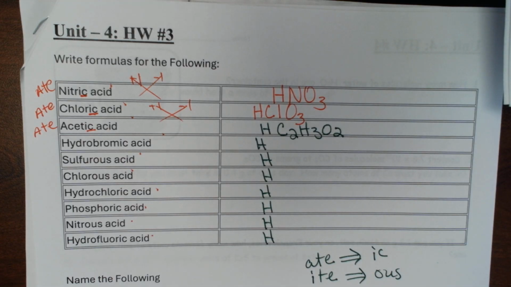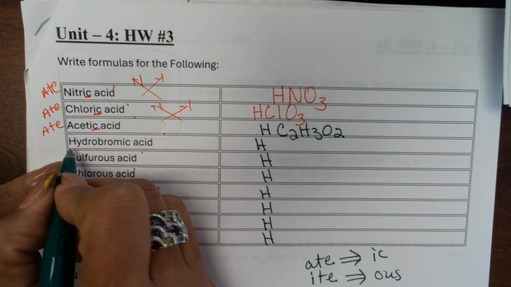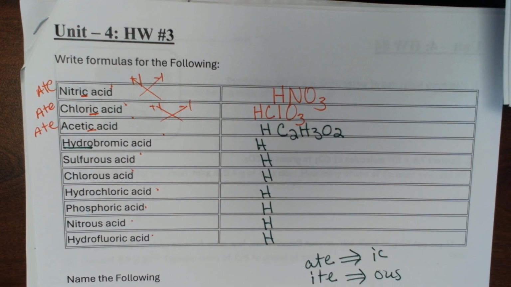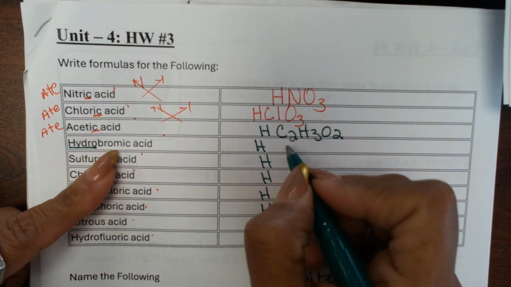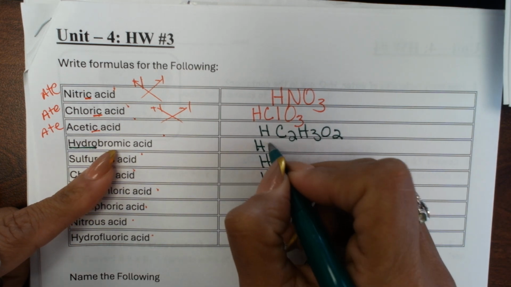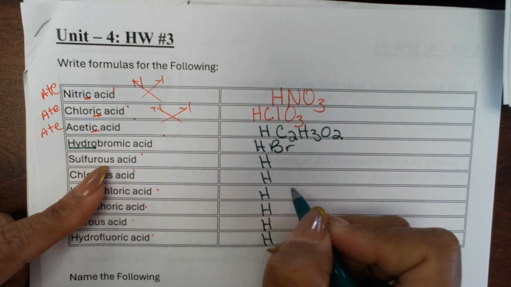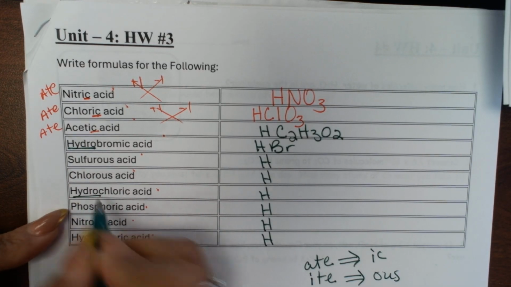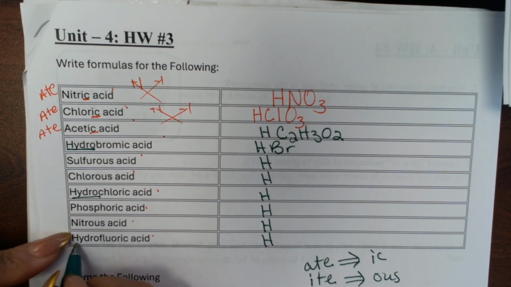But if I come over here and I see a hydro in front of it, then it's just going to be an element, or sometimes I think of it as an atom, and that's going to be bromine over here, so Br. Then I come over here: hydro, no hydro, no hydro, hydro.